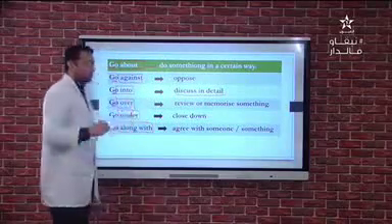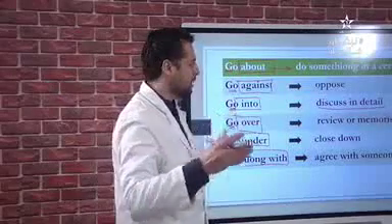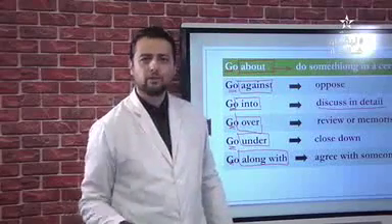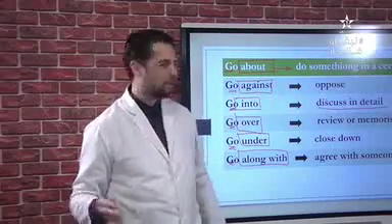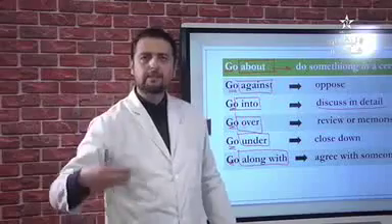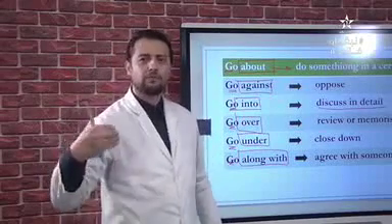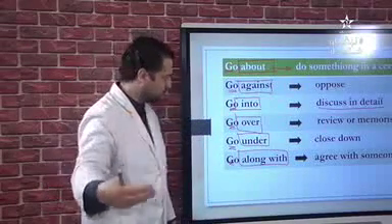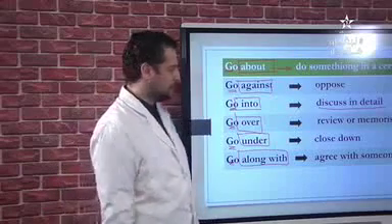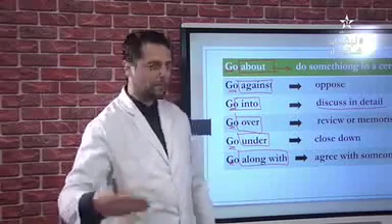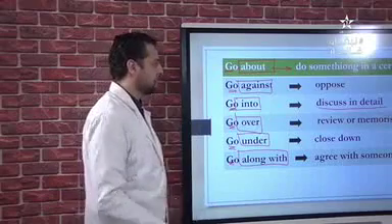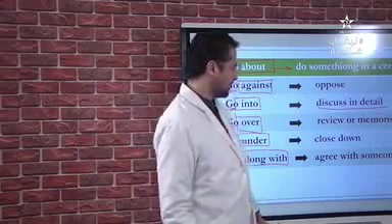To go over means to review and memorize something, and this is what you really should do as students during these days. You have to go over your lessons that you did before with your teachers before the school has stopped, and of course you have to go over the lessons that we are giving you now, through this initiative, right?